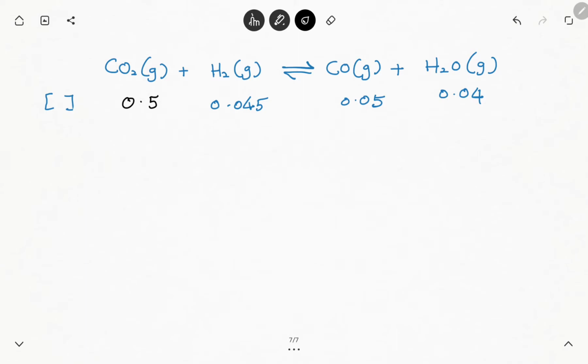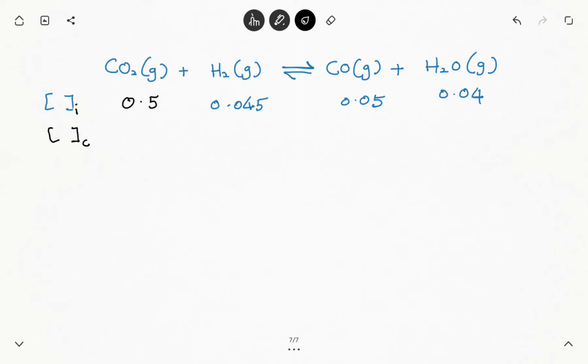Once we add CO2, the equilibrium system is disturbed and the reaction tries to achieve the equilibrium back. So now all these concentrations become initial concentrations, because the system is not in equilibrium anymore.